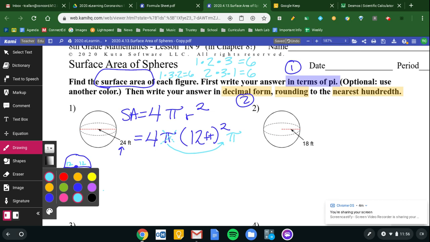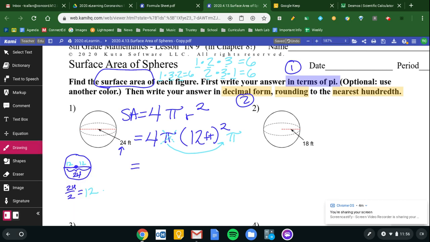The point is that multiplication is commutative. We may change the order of these and still have the same answer. So I'm going to put that pi there at the end, and multiply 4 times 12 times another 12 times pi.